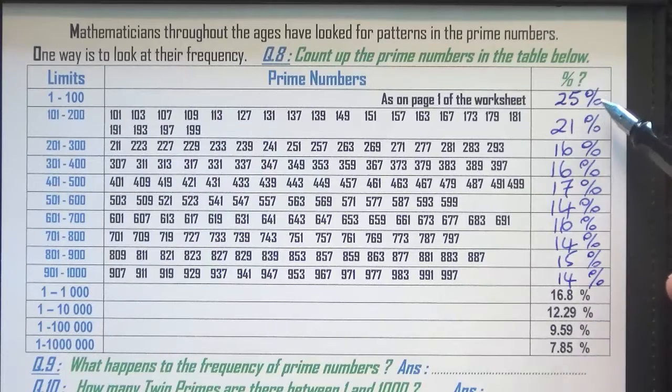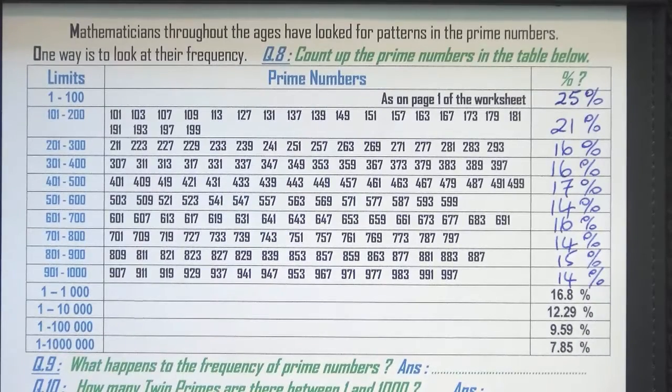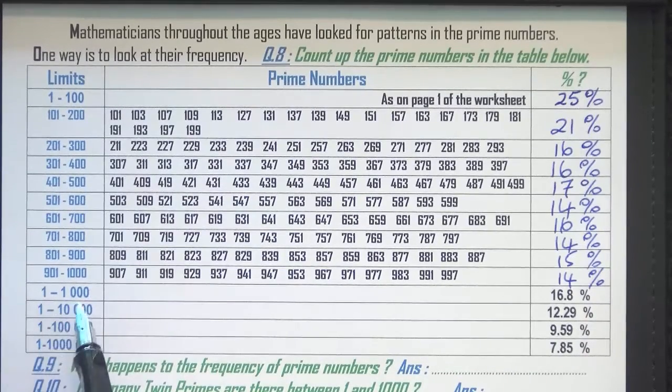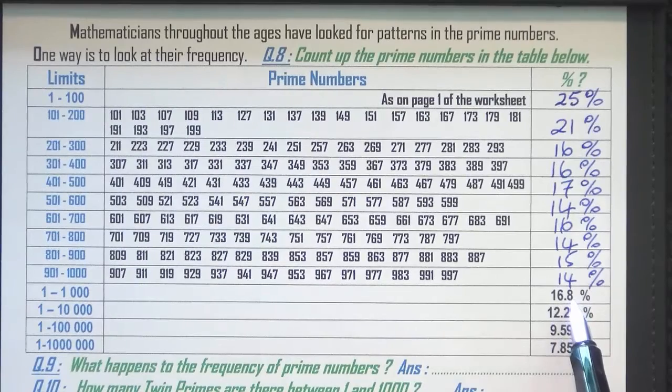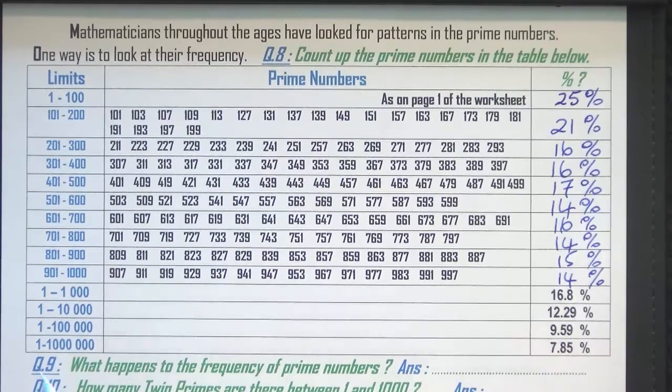So here is a drop, but it's only dropping slowly. But as the numbers get larger, this thinning out becomes more obvious. Between 1 and 1,000 there are 16.8% overall. Between 1 and 10,000 there's only 12.29%.